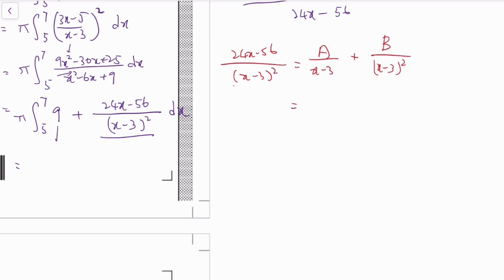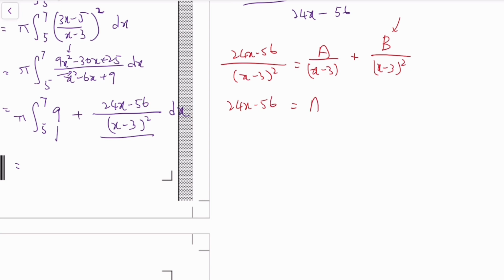If the factor is squared, you need two partial fractions, one with power of 1, the other with power of 2. But even though this is a power of 2, the top is still just a constant instead of bx plus c. Again, this should be inside your basic knowledge.